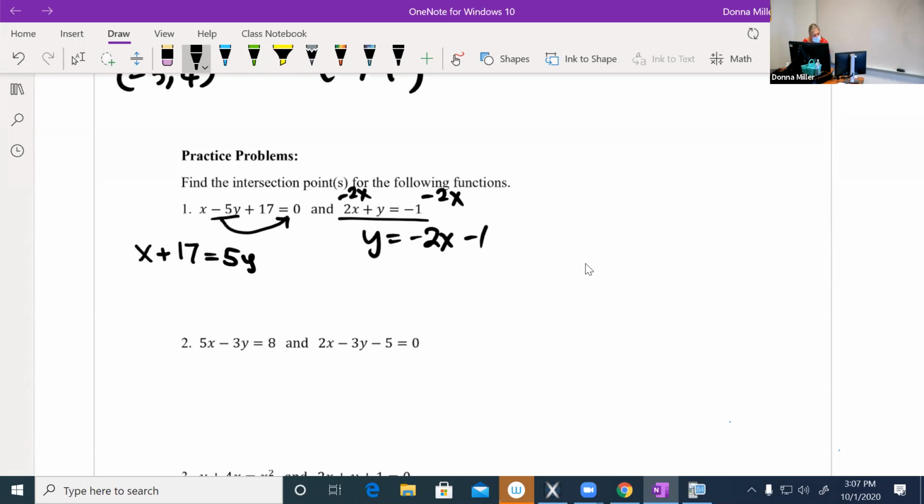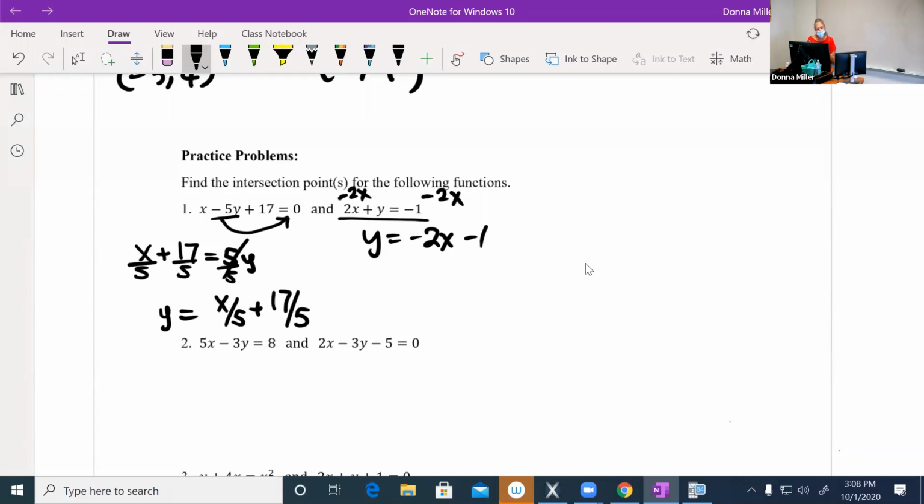You're adding 5y. Is that all right? And now we've got to solve for y, so we're going to divide everything by 5. Okay? So I end up with y equals x over 5 plus 17 over 5. Is that all right?